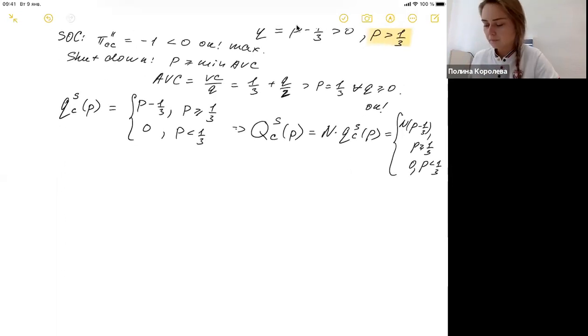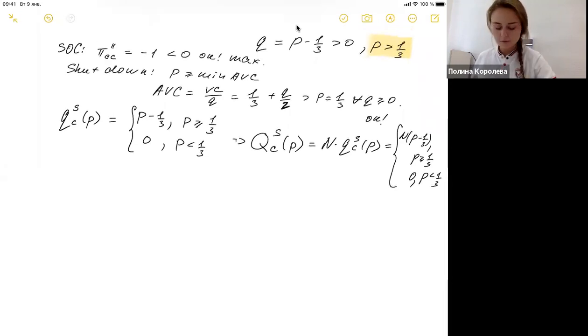Okay, so then we need to find residual demand. What is it? Residual demand, this is the demand for monopoly. So we have total demand, and part of this demand belongs to competitive firms.